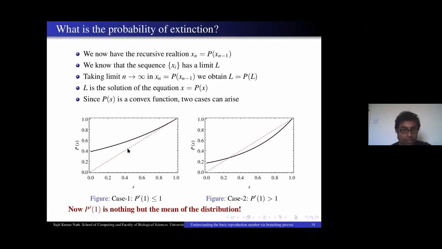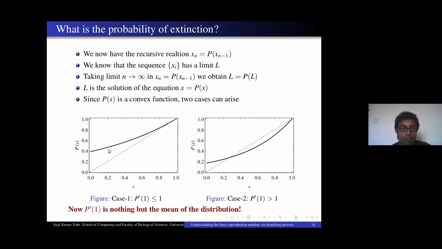Now, what is the probability of extinction? That is the intersection point, because there the equation x equal to P(x) is satisfied.